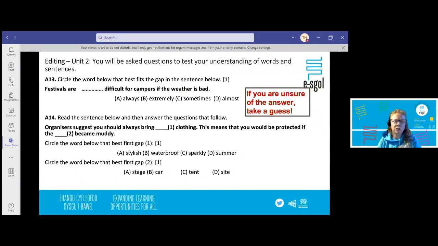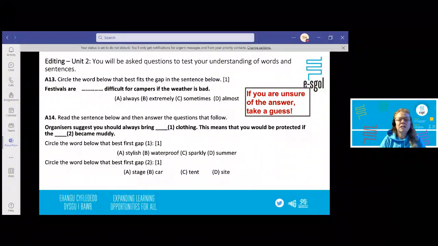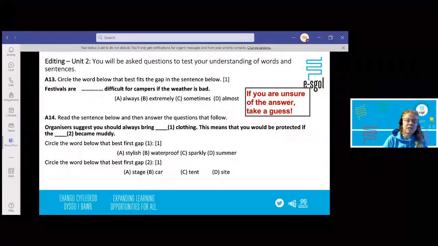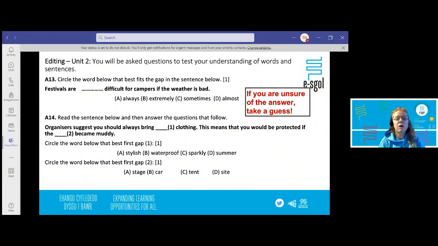Festivals are almost difficult if the weather is bad. Well, I know I can discount almost. Sometimes, well, honestly, festivals are going to be difficult. All right, so I need to think about that really carefully. And what I should be able to work out is that the first one is the most likely answer. And this is where you've got to weigh it up. It's not always going to be easy to choose between two of them.